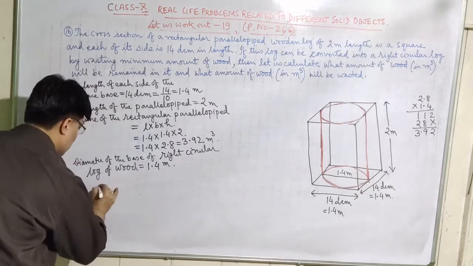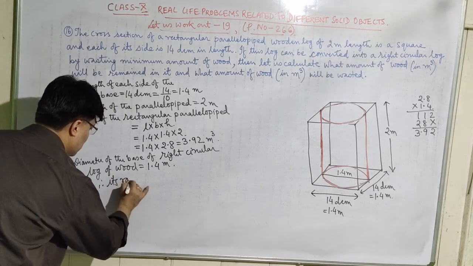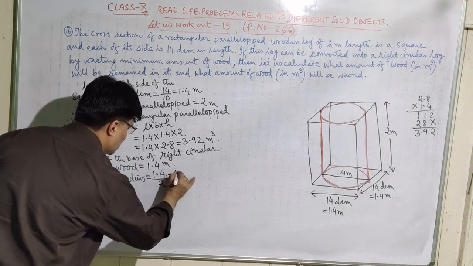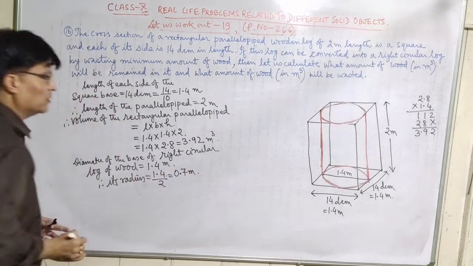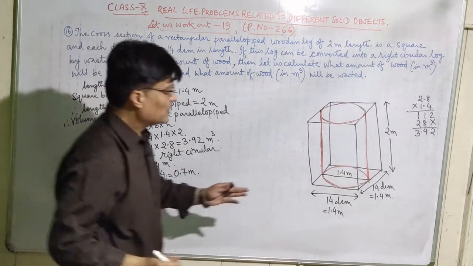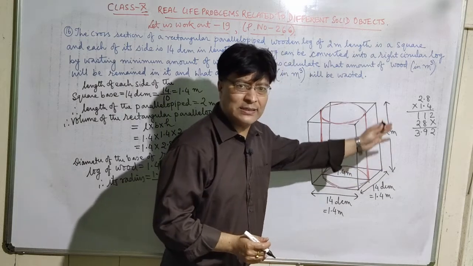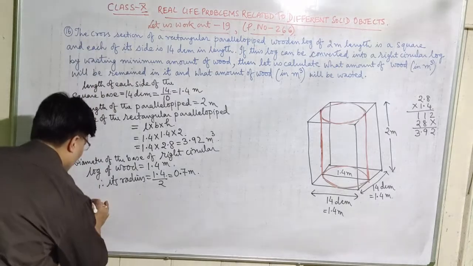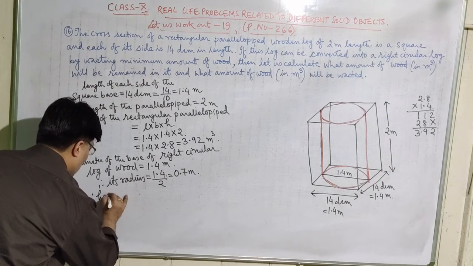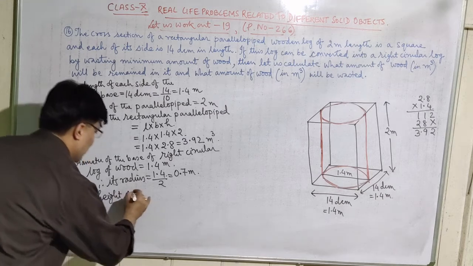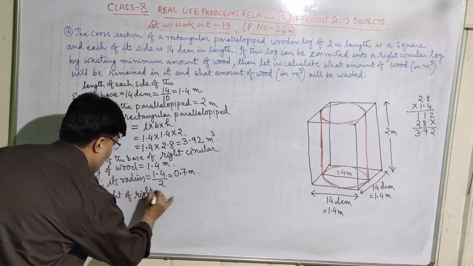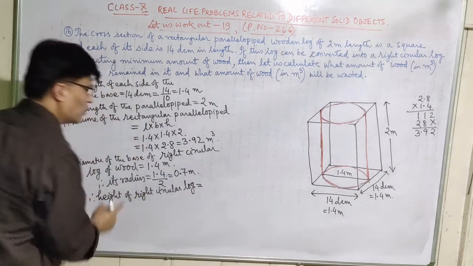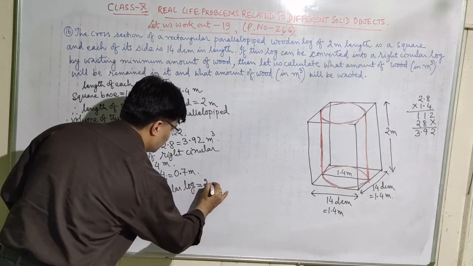So let us find out its radius. Its radius is 1.4 divided by 2, which is equal to 0.7 meter. What is its height? Its height is the same as the height of the rectangular parallelepiped, that is 2 meter. So the height of the right circular log of wood is 2 meter.